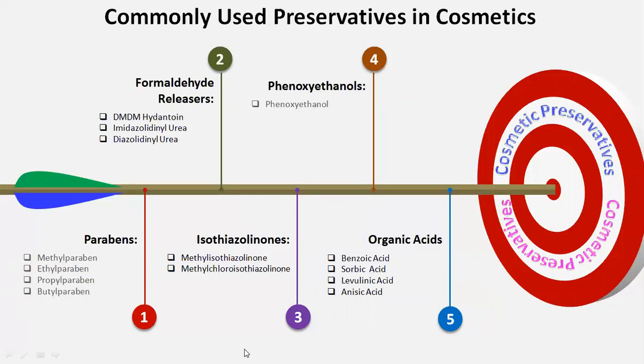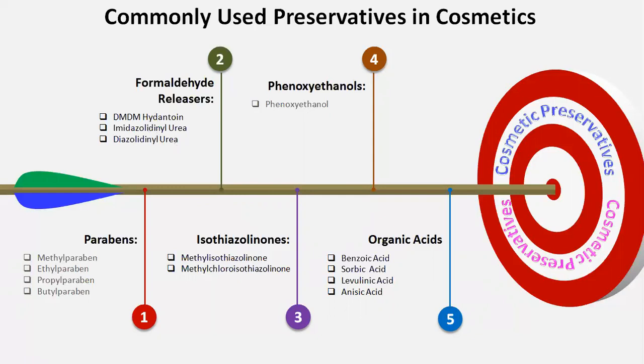In that, 5 categories are commonly used in the cosmetic industry. Those include parabens, formaldehyde releasers, isothiazolinones, phenoxyethanols, and organic acids and their derivatives. Under parabens, we already know the examples: methyl paraben, ethyl paraben, propyl and butyl paraben. Under formaldehyde releasers, DM hydantoin, imidazolidinyl urea, and diazolidinyl urea are commonly used.